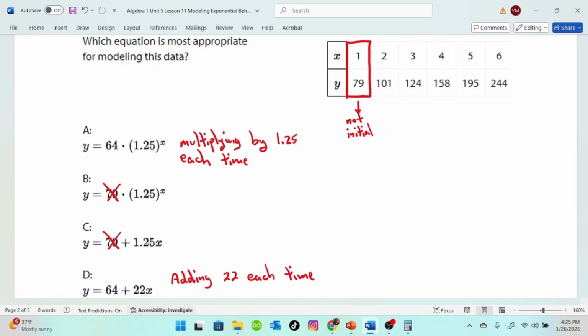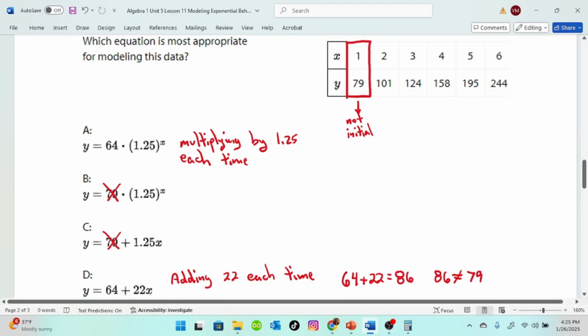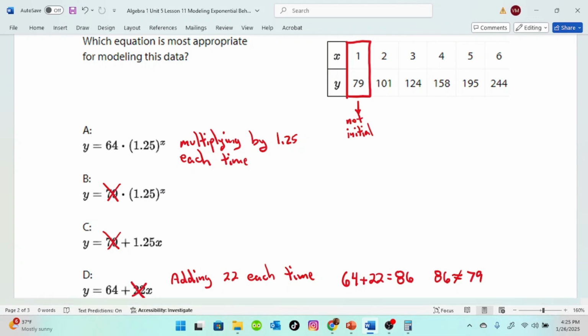Well, if we were adding, then 64 plus 22 equals 86, and 86 does not equal 79. So this would not be the proper amount to add each time.